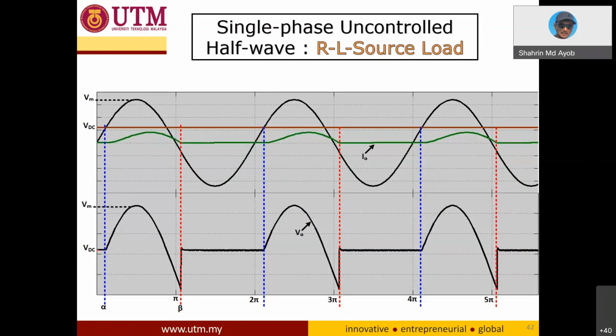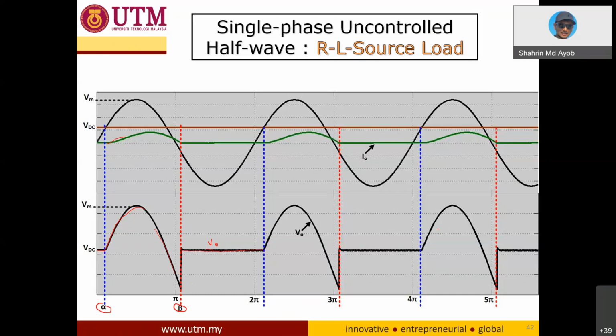As you can see, before the diode conducts, the output is VDC, and then when the diode starts conducting and the current starts flowing, the V out is equal to the VS. Then, as usual, until beta, where the energy stored inside the inductor is finished, it will stop discharging and the diode will remain off, but the V out is VDC. The V out value is VDC here, and then it will repeat again and again in a cyclic manner.